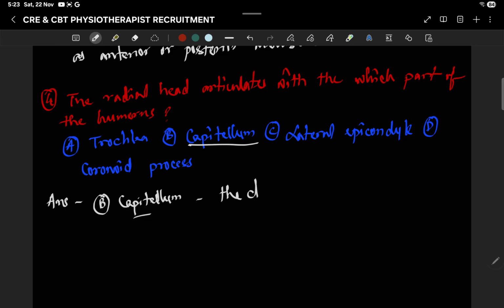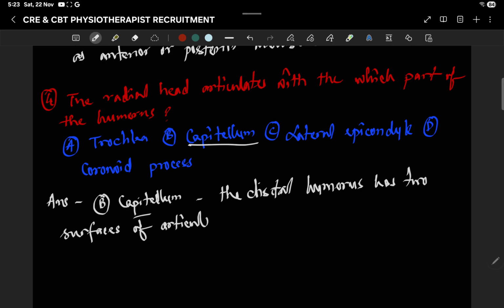The distal humerus has two surfaces of articulation.